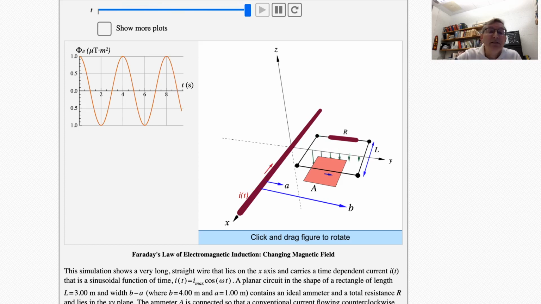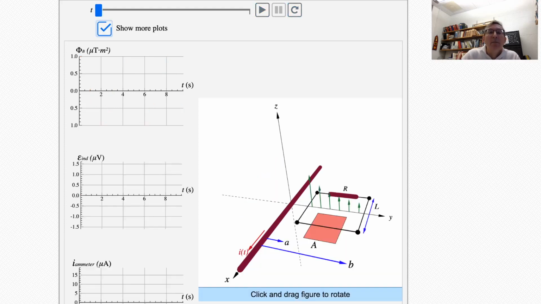And Faraday says that if you have a changing magnetic flux, you'll have an induced EMF. So now let me reset, click Show More Plots, and it's going to plot the induced EMF and the current in that ammeter as a function of time when I run the animation.